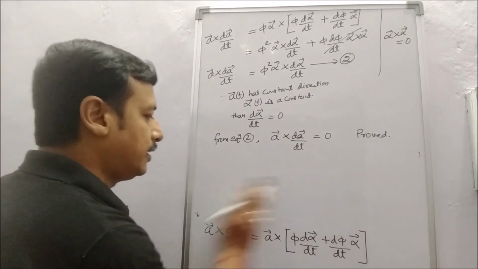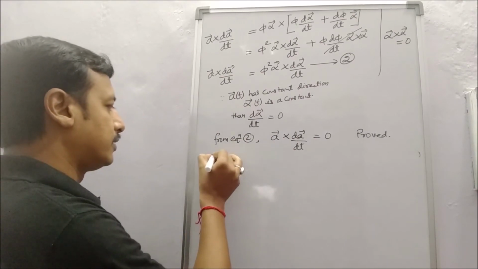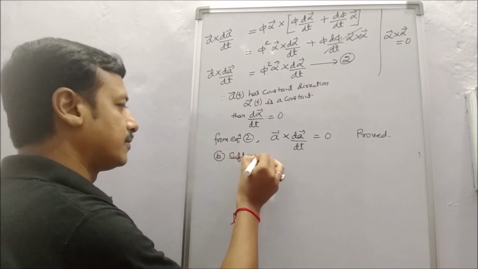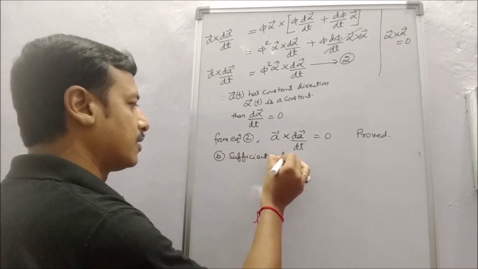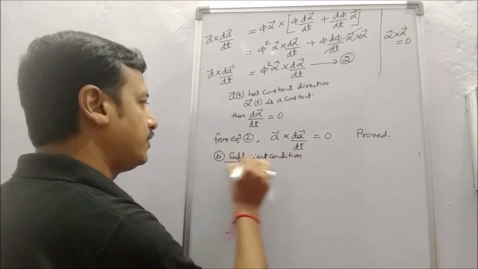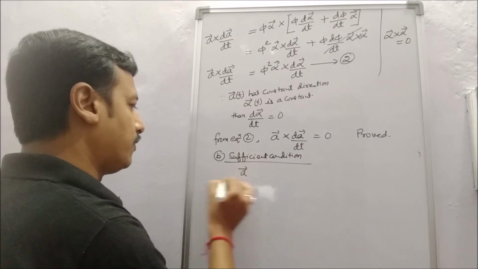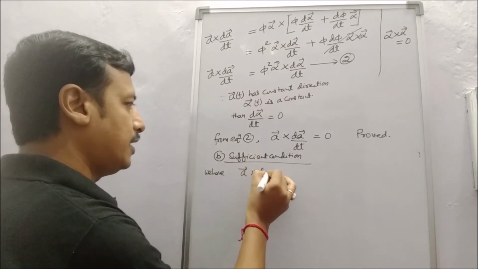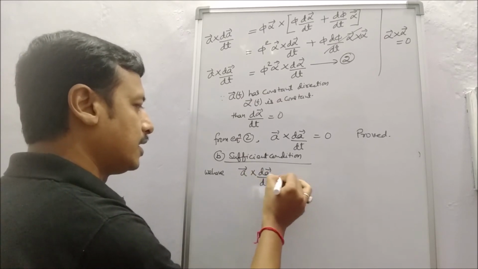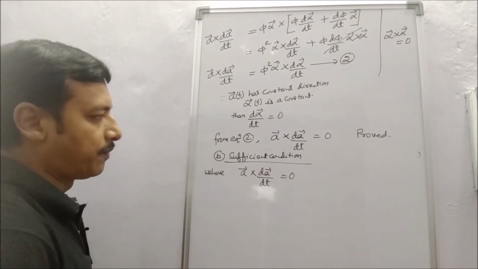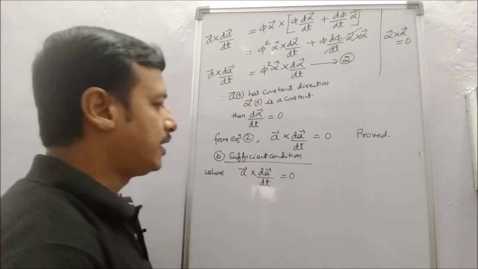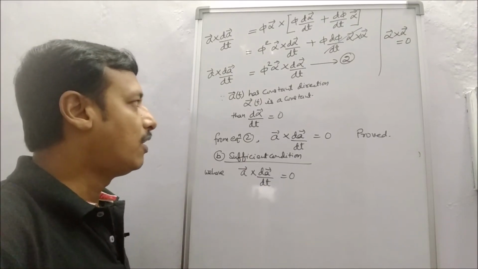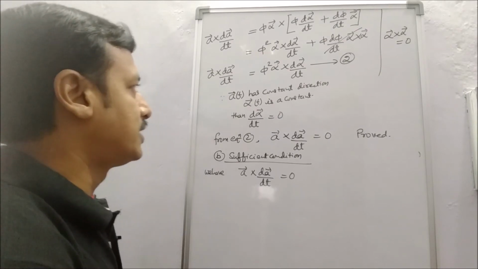In the next part, that is part B, the sufficient condition. In the sufficient condition, we have A cross dA by dt is equal to 0. We are going to prove that alpha is constant, or alpha has constant direction.